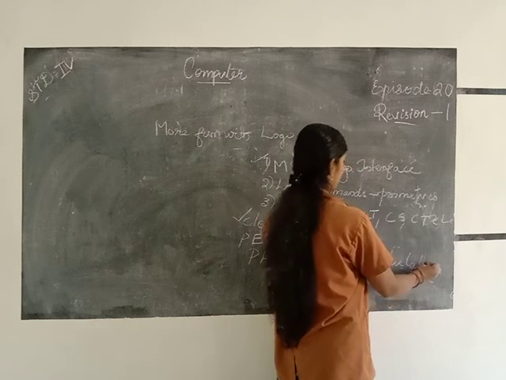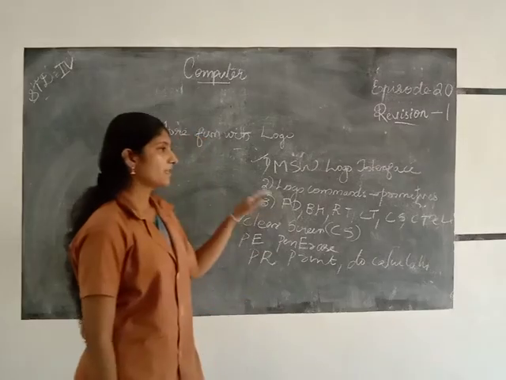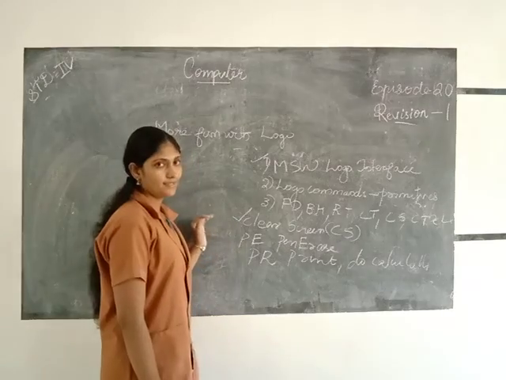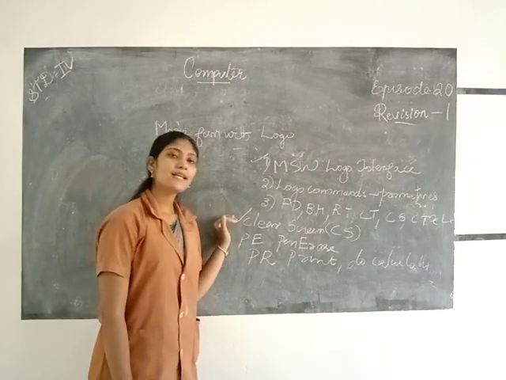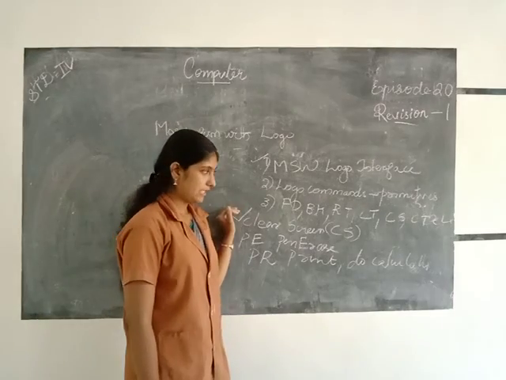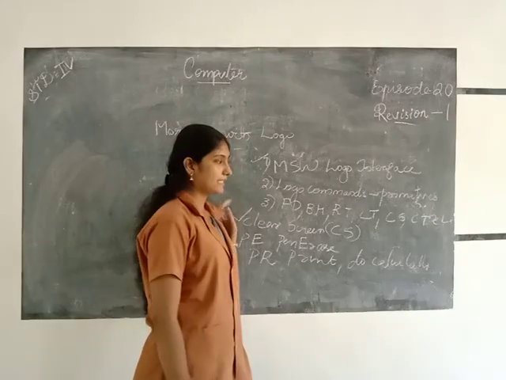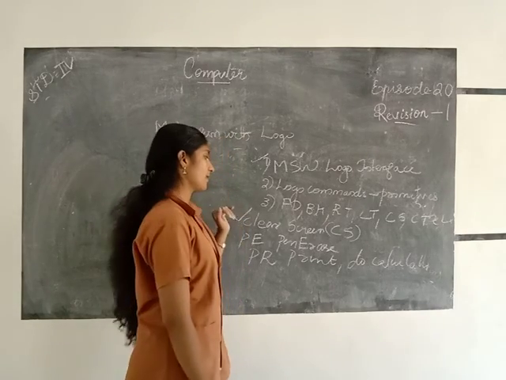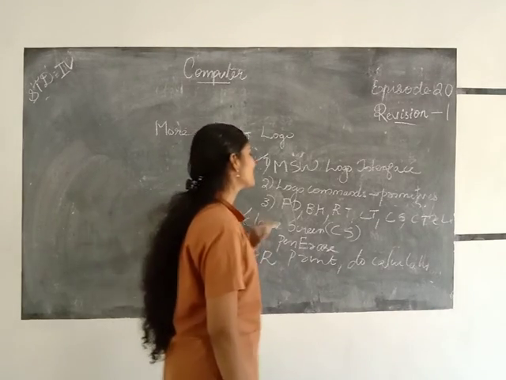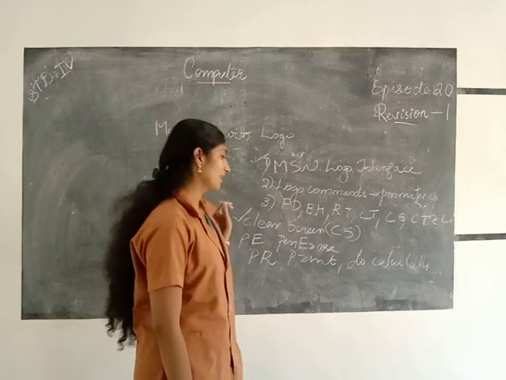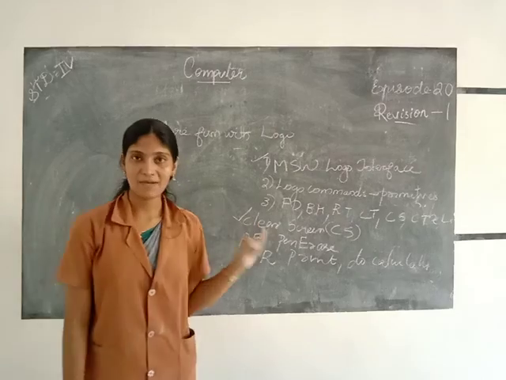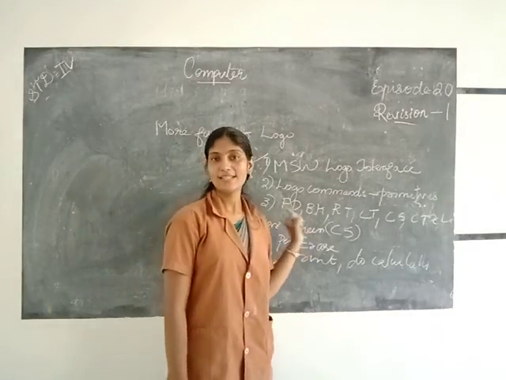So once again, the first point is the MSW logo interface, which provides an interface to work with the logo language. The important commands in logo are known as primitives. The basic commands are FD, BK, RT, LT, CS, CT, etc. Then CS is an important command, clear screen, which is used to clear the drawing area.